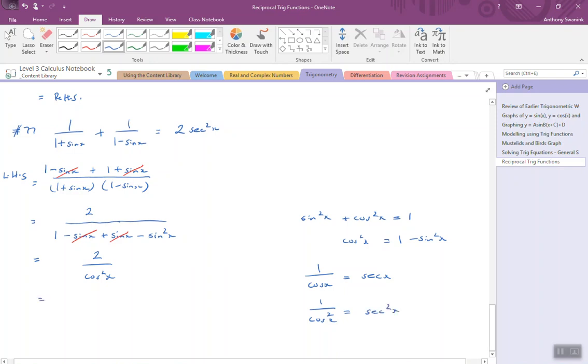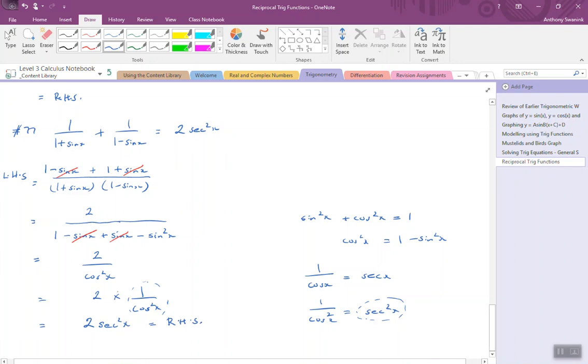So we've got a 2 on top. Basically, it can be thought of as like this. You don't have to write that, but you have to be able to see that that is true. And so that 1 over cos squared x, this part here, can be replaced with over here sec squared x. So we've got 2 times sec squared x, which is that right-hand side.